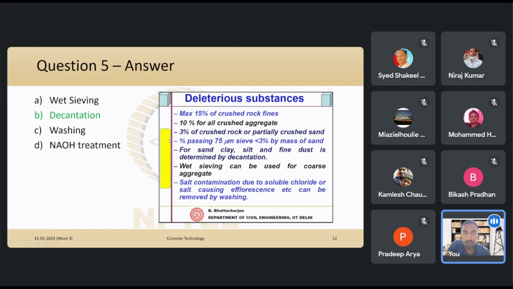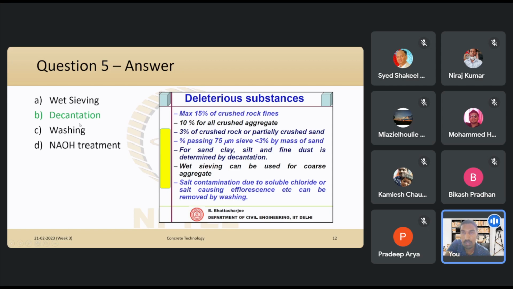So for fine materials like clay and silt, we go for the decantation process. So what is decantation? When you have two substances that are not soluble in each other, you can separate them out using decantation because of their different densities.